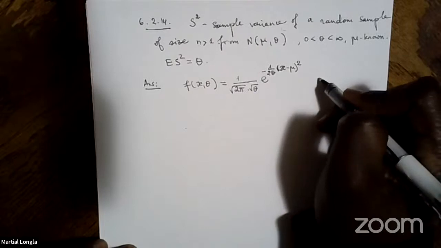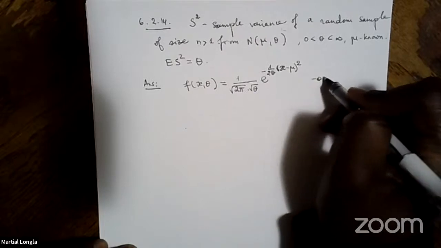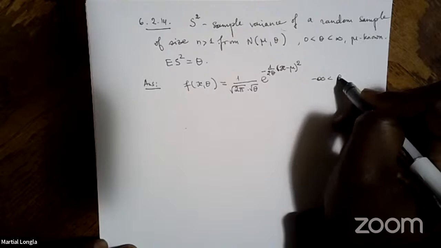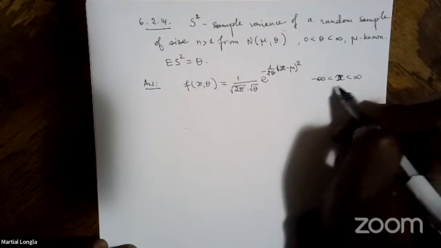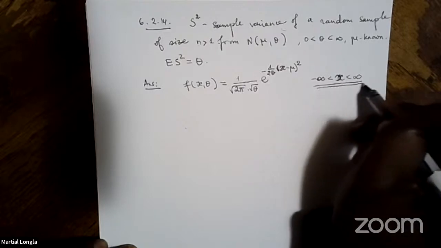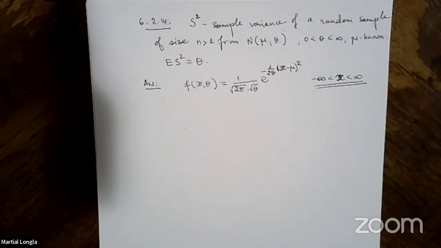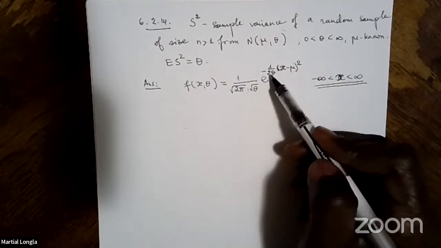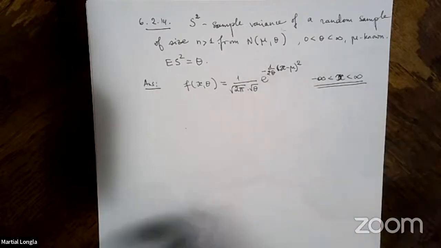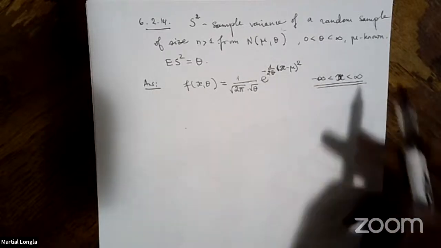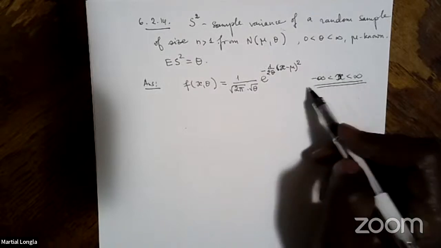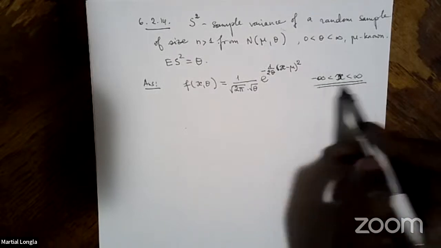And here, negative infinity less than x less than infinity. This is the support. Now one can check the regularity conditions here. For any different values of theta, this function will be different. So the support is the same for all values of theta. This does not depend on theta.